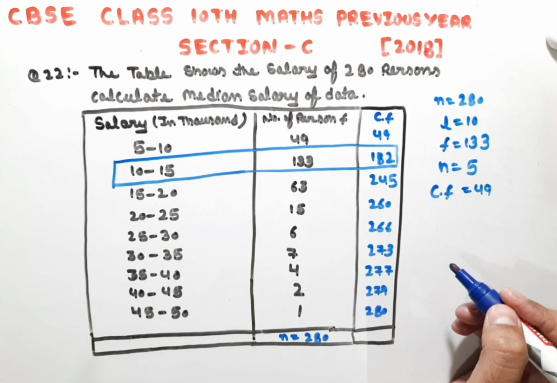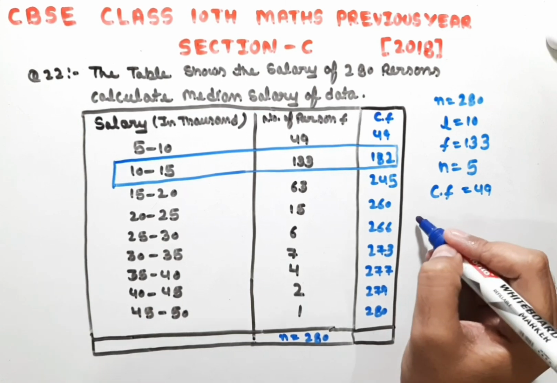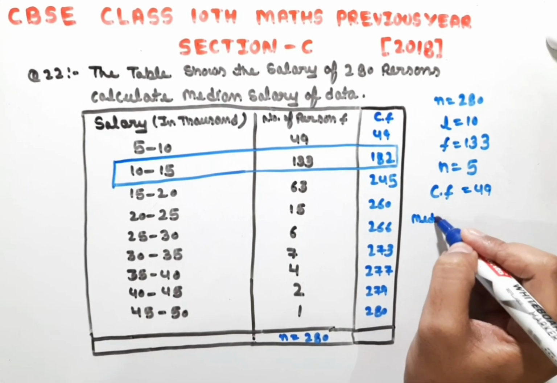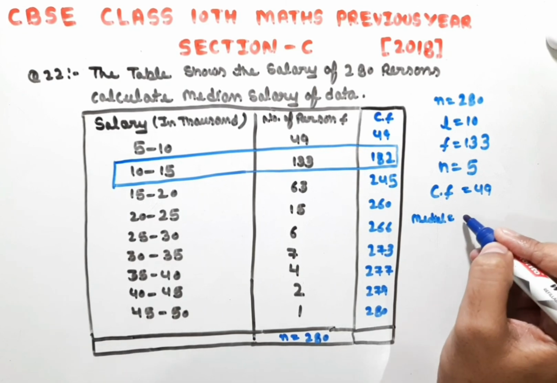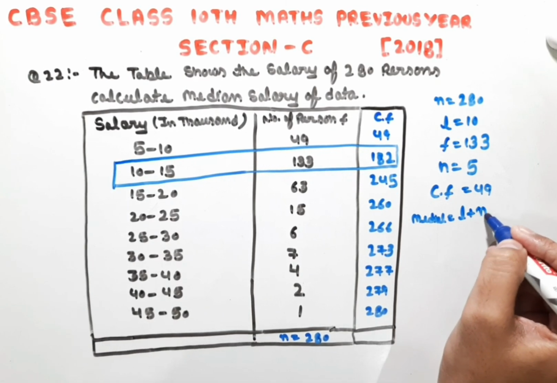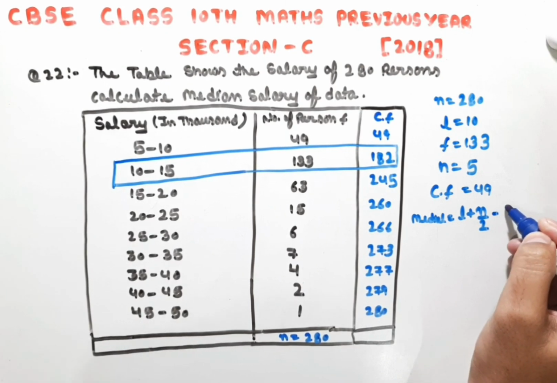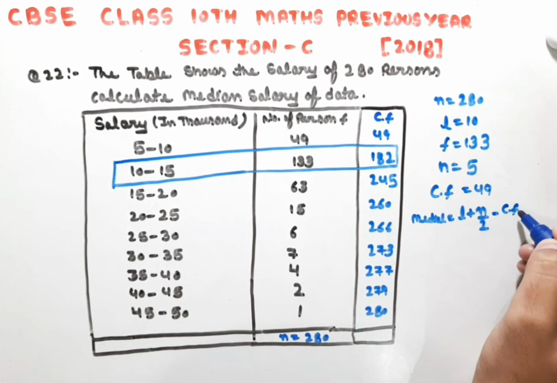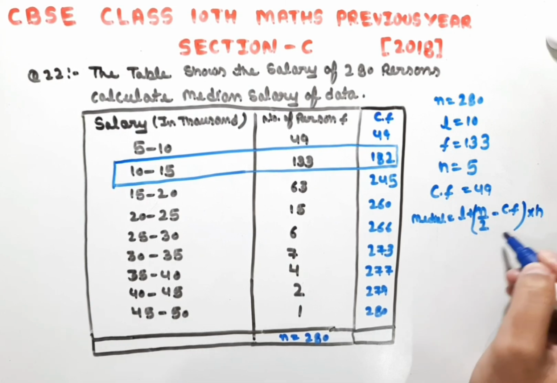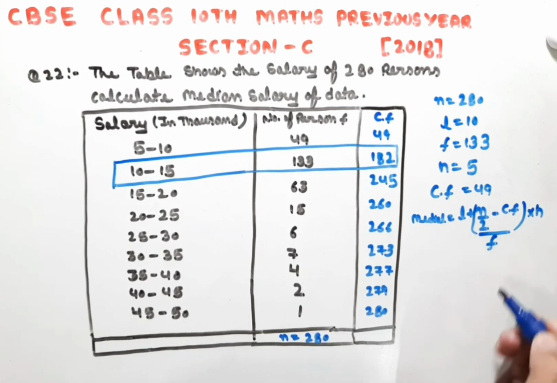We know that median is given by l plus n upon 2 minus cf, into h upon f.